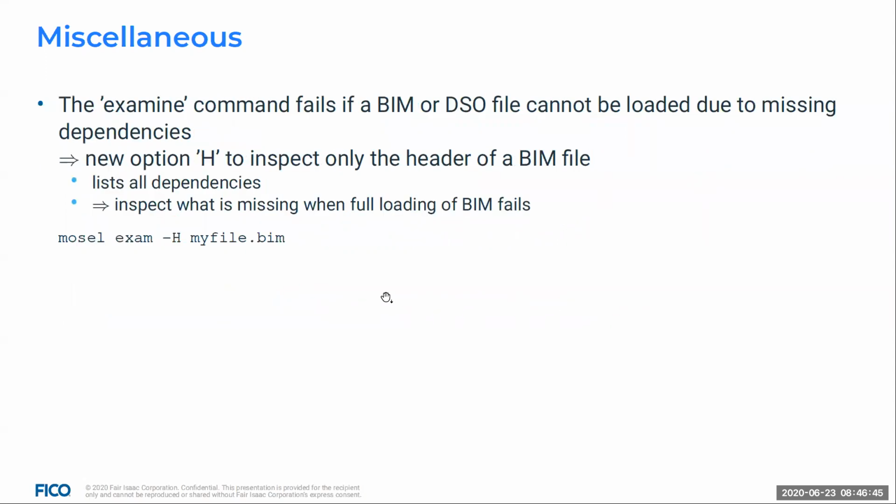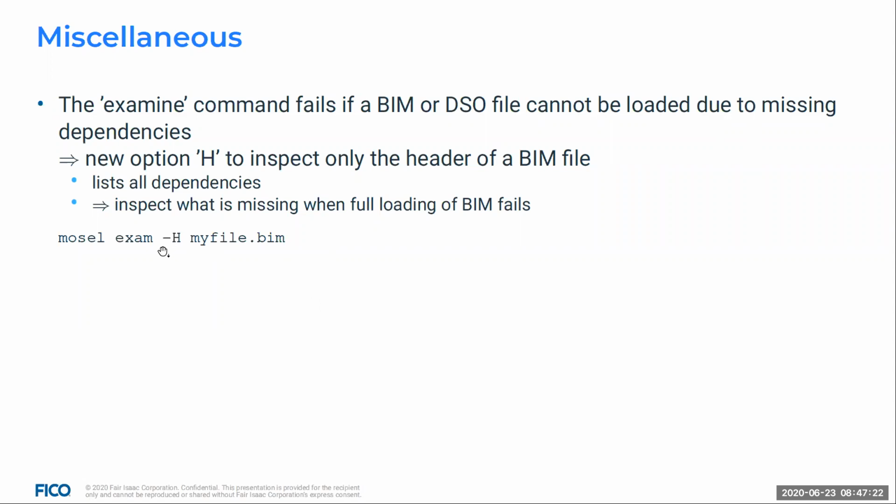A new form of the exam command makes it possible to inspect files that cannot be loaded. Users who have updated or are in the process of updating from older Mosel 4 versions to Mosel 5 may have found that sometimes loading fails for an existing file that comes from an older version. Now, it's difficult to tell what may be going wrong if I cannot load this file.